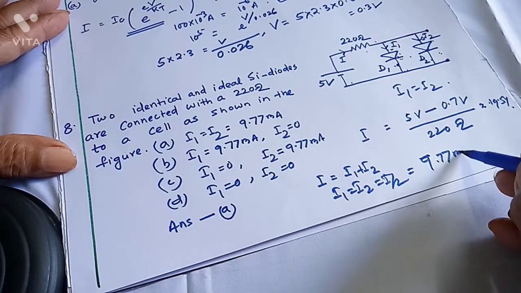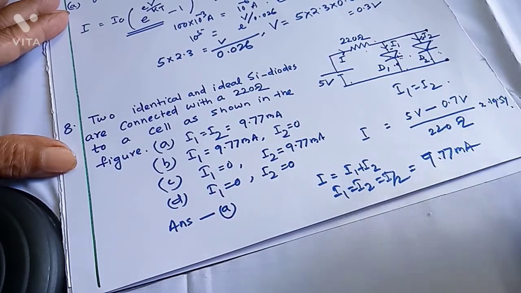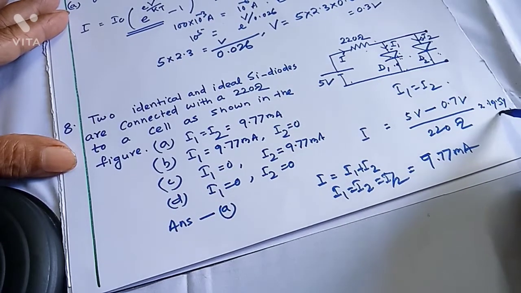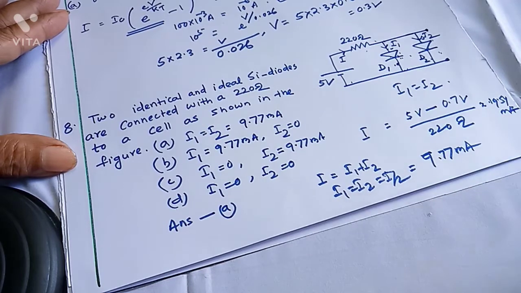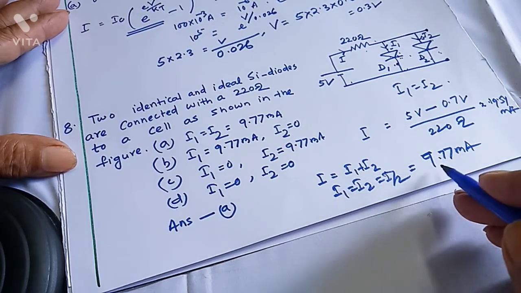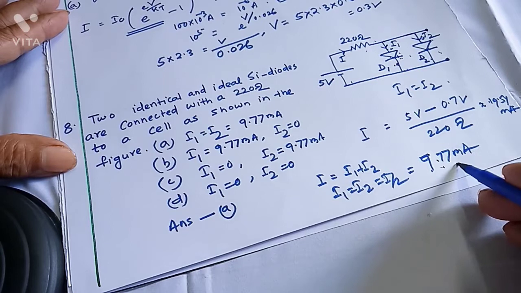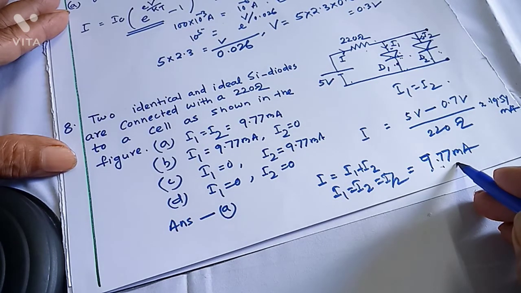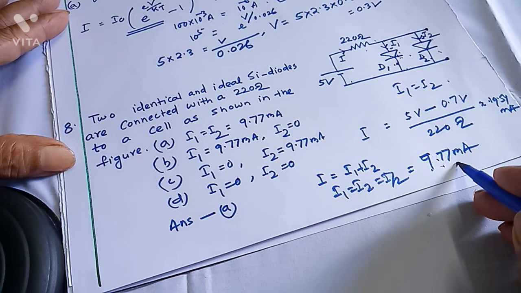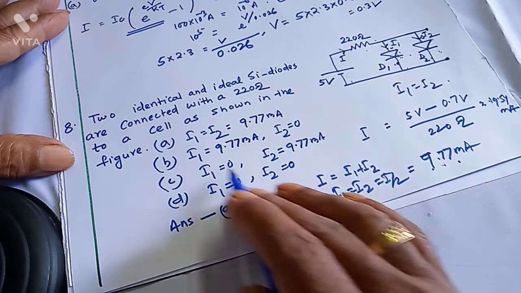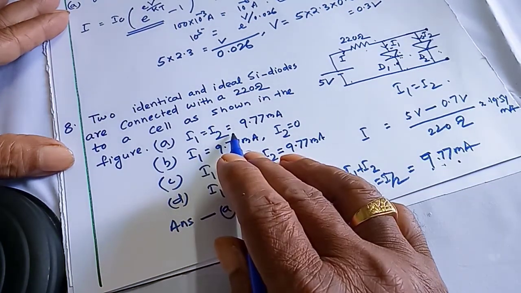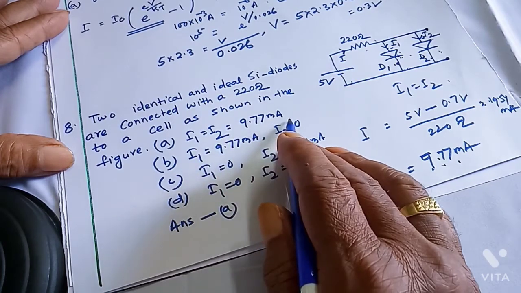Now this is 19.54 milliampere, so divide by 2, it becomes 9.77 milliampere. So the correct choice is A, that is I1 equal to I2 equal to 9.77 milliampere.